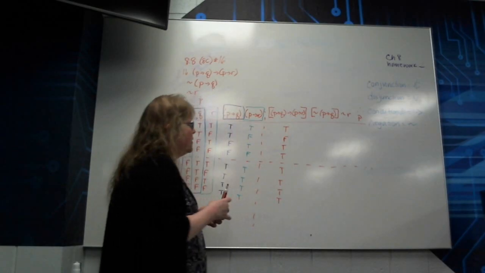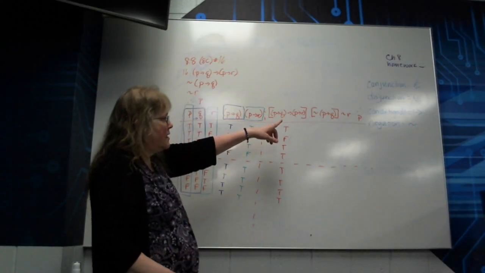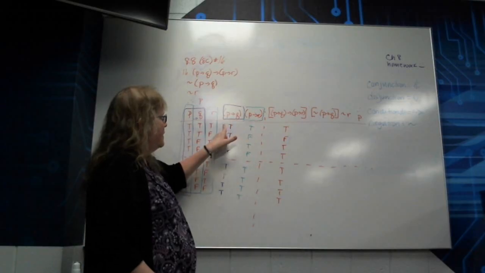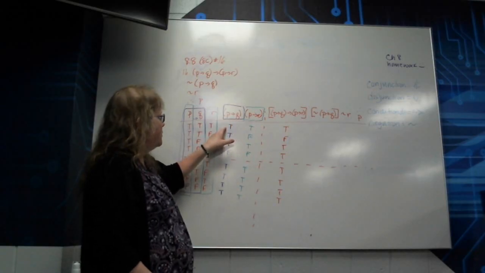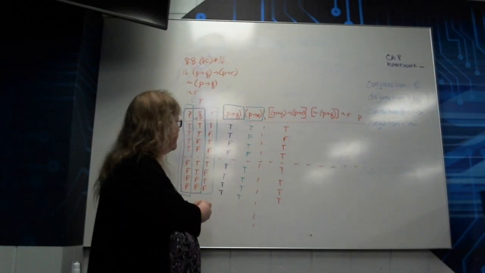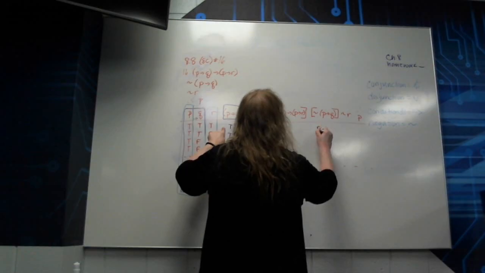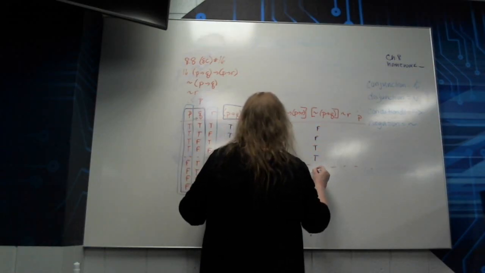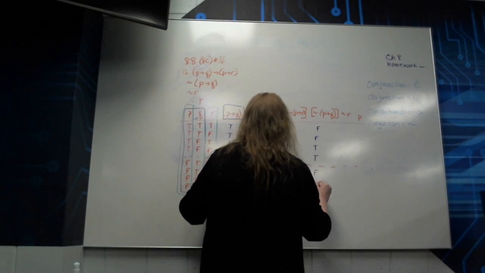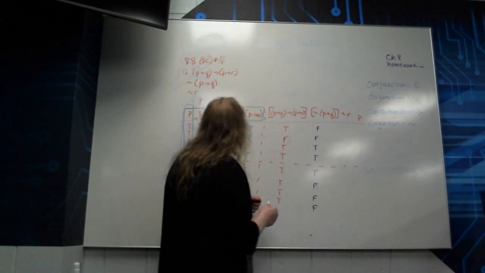Okay, not P to Q. And because this is on the outside of the parentheses, we take this particular truth value and flip it. Okay, so instead of true, true, false, false, we're going to go false, false, true, true, and then all of these are false. Okay, not so horrible yet.